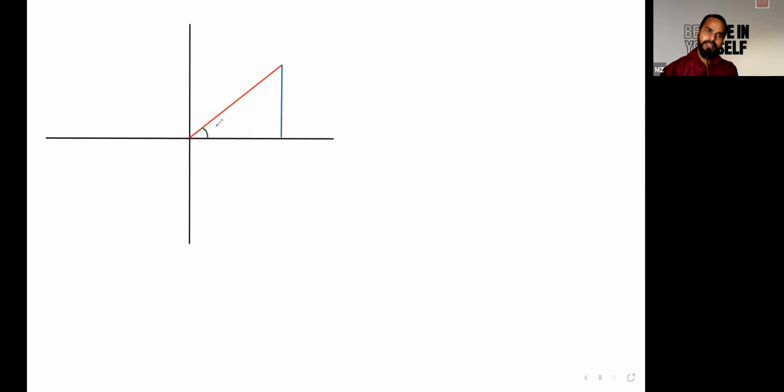Let's say this is your theta. This is your positive x-axis and this is your positive y-axis. So this will be your base along the positive x-axis, so it will be positive. Perpendicular along the positive y-axis, so it will be positive. And hypotenuse is the square root of the sum of squares of base and perpendicular, so it will always be positive.